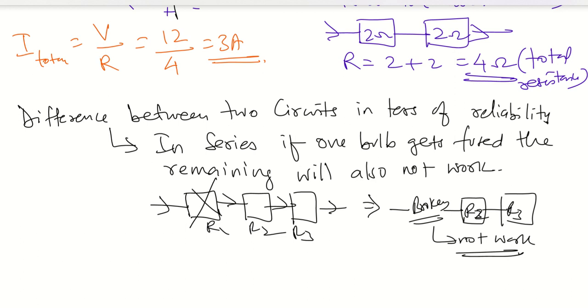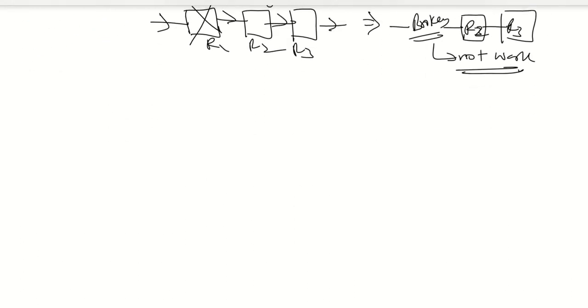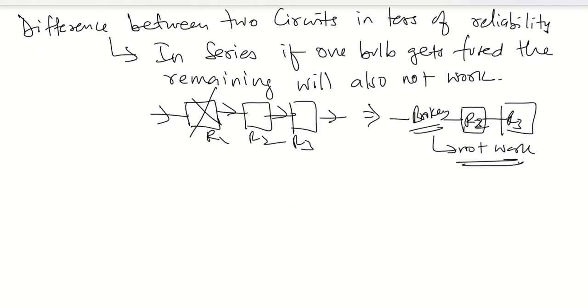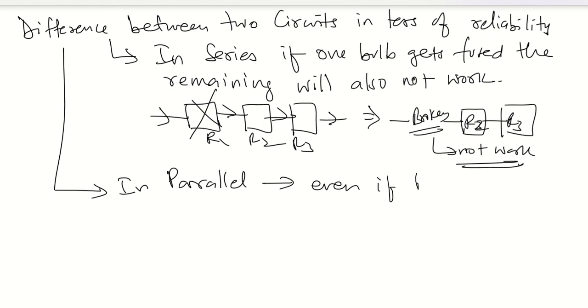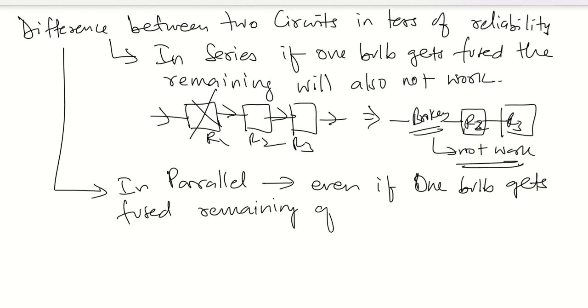But that doesn't happen in parallel. Why? Let us see. In parallel, even if one bulb gets fused, the remaining ones work. And why does it happen that way?